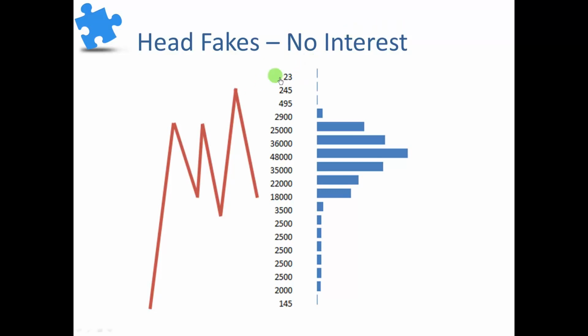But with this sort of head fake, when there's no interest, you might come back to this price once or twice. You might just wiggle there once or twice, but this is going to be over much more quickly. So you've got a lot less time to get in. Still, you do have a decent risk reward trade because your reward again is to the opposite end of the range.